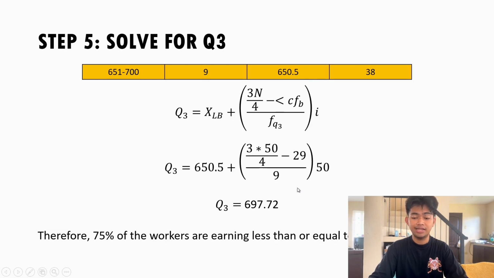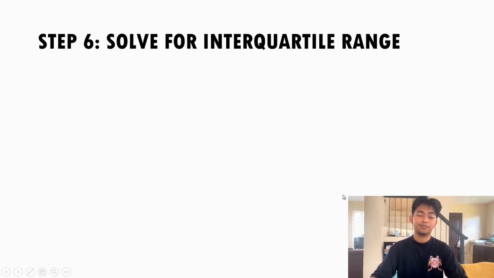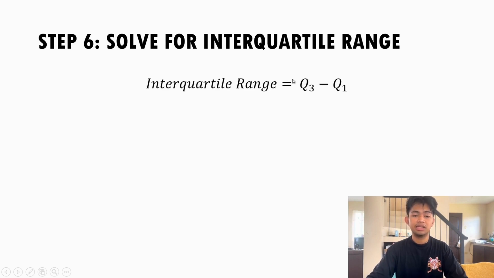Now, for step 6, we need to solve for the interquartile range. I didn't give you the formula for the interquartile range, but now I'm giving it to you. The formula for getting the interquartile range is very simple. It's just Q3 minus Q1. So now we already know what is Q3 and Q1.